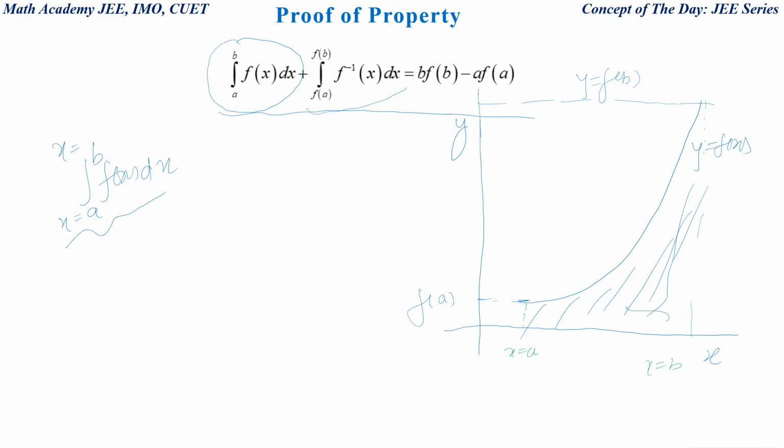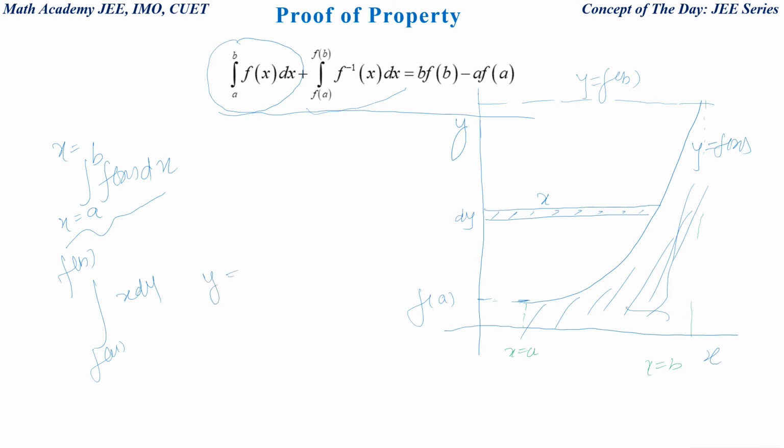If you integrate this region from f(a) to f(b), the elemental width is dy and the height is x, so the area represents x dy from f(a) to f(b). Agree?